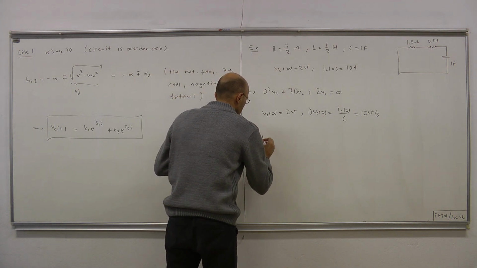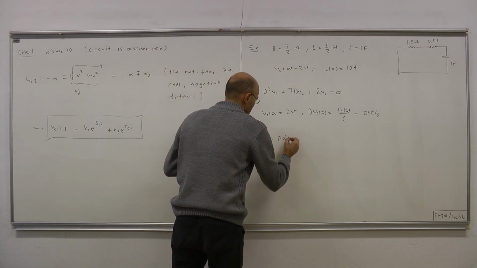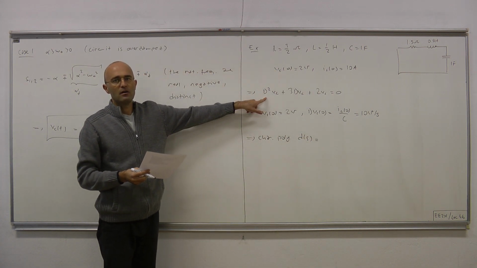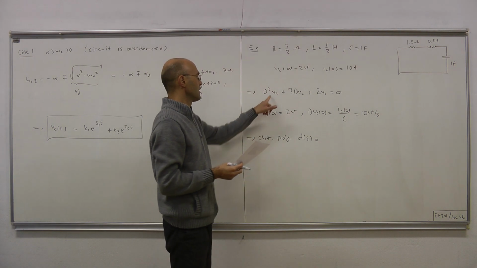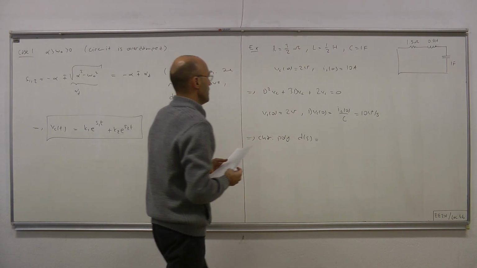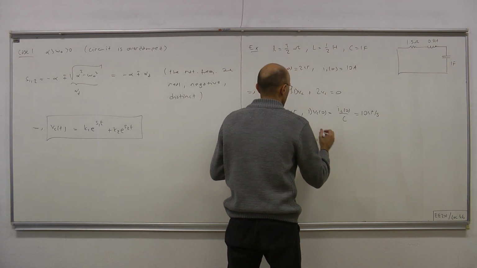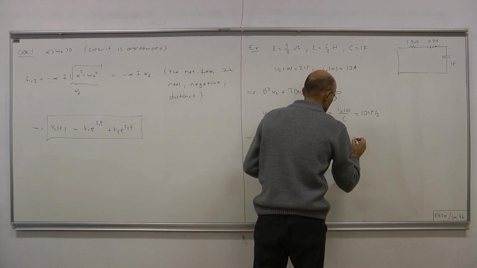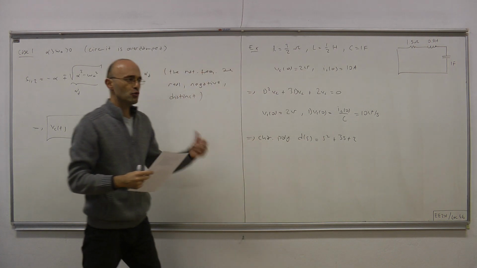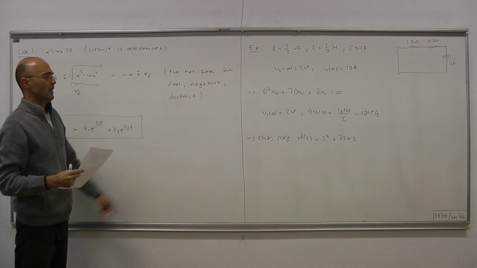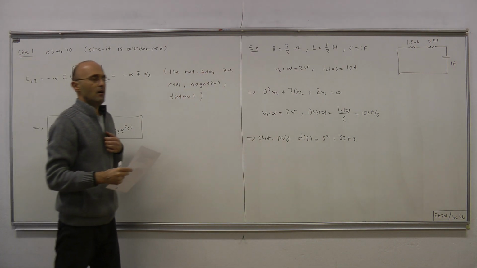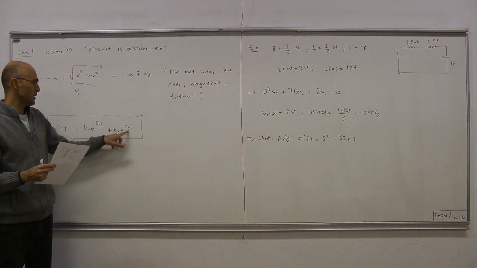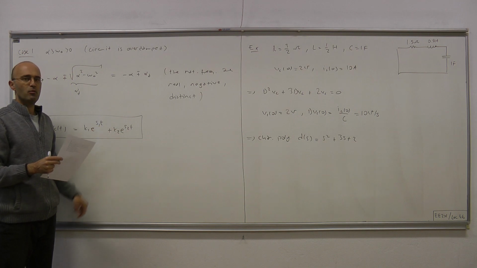So the characteristic polynomial E of S in this case is, you look at the left hand side and you look at coefficients. What you have is S squared plus 3S plus 2. And the roots of that characteristic polynomial are what we call the natural frequencies of the circuit, and natural frequencies of the circuit appear in the solution as these exponents.